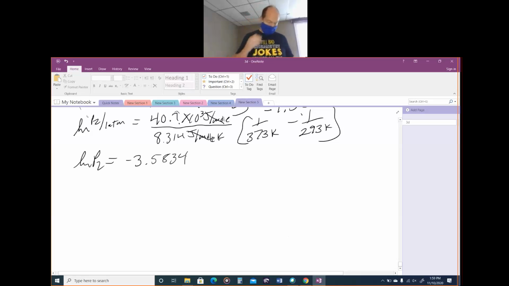All right, then you push your inverse ln, your e to the x button, and you get your pressure 2 in atmospheres. So pressure 2 in atmospheres is 0.0278.